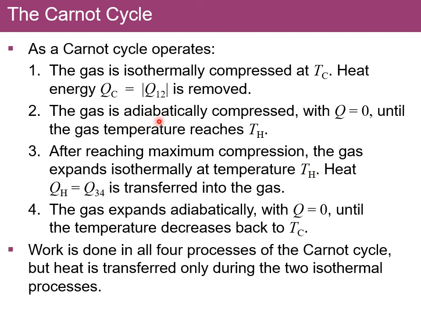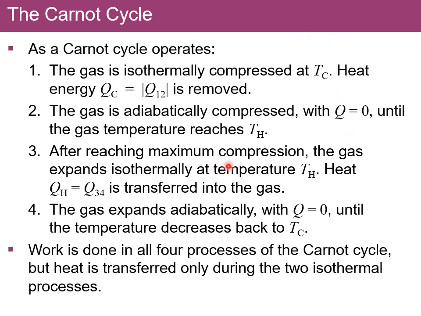As a Carnot cycle operates, the gas is isothermally compressed at Tc. Heat energy Qc equals Q12 is removed. The gas is adiabatically compressed with Q equals 0 until the gas temperature reaches T hot.